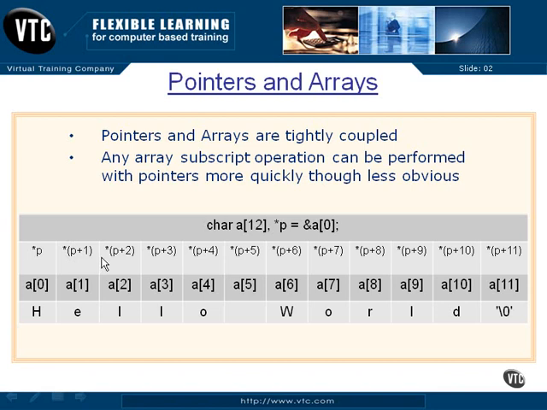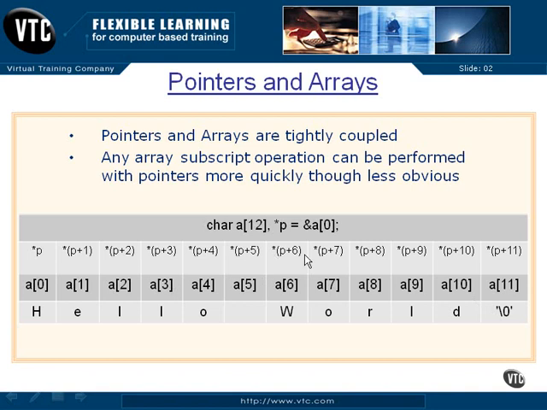So we can use this, and obviously we can use variables and other things in here, not just these literal numbers, to work our way up and down an array. And it is legal if you set P up here someplace to use negative numbers and work your way backward down the array. So these are array subscripts down here, and these are pointers with integers added to them to also cause them to subscript the array, to go up and down the array.